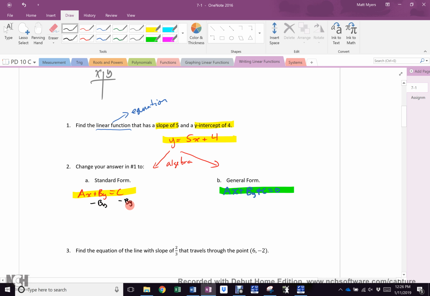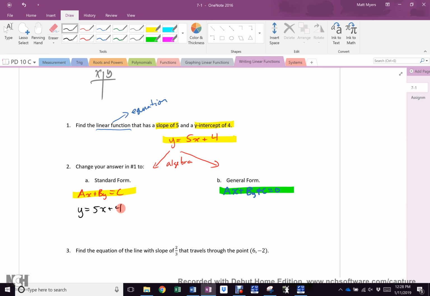Let's do math. How do I make this look like this? What moves? The 4 and the y. Why would you move the 4 and the y? I think you moved the 5x.